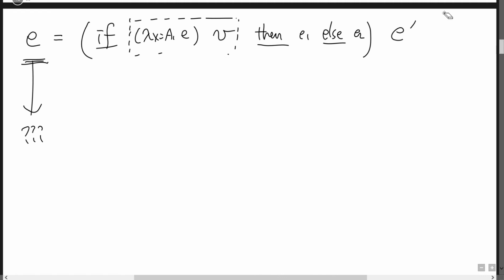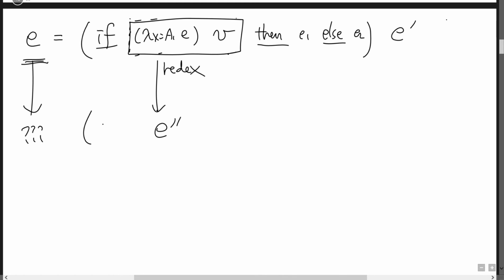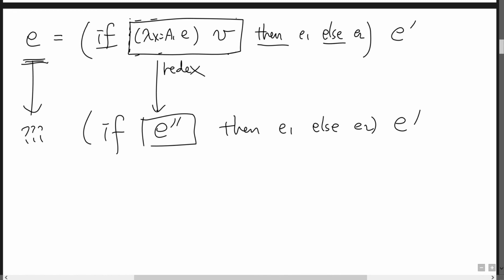So if somehow we quickly find this red x, then we can reduce the whole expression just by focusing on this red x. If this red x is reduced to another expression, let's just say e double prime, then the whole expression reduces to if e double prime then e1 else e2 applied to e prime. But the crux of the problem is how quickly we find the sub-expression, which must be a red x.